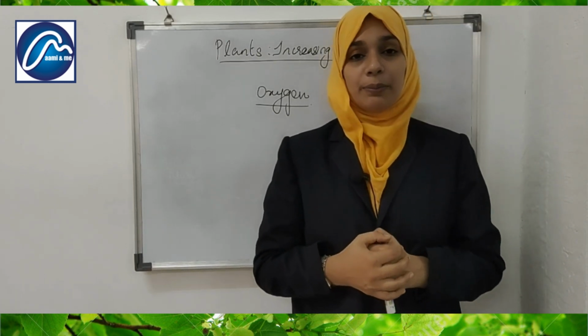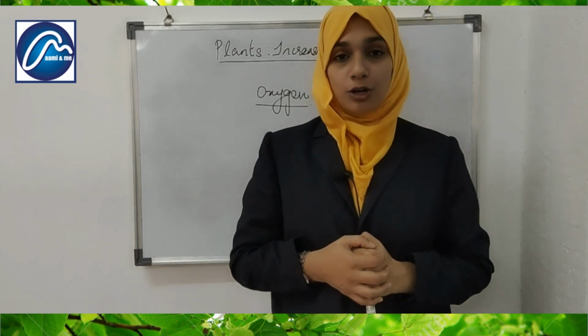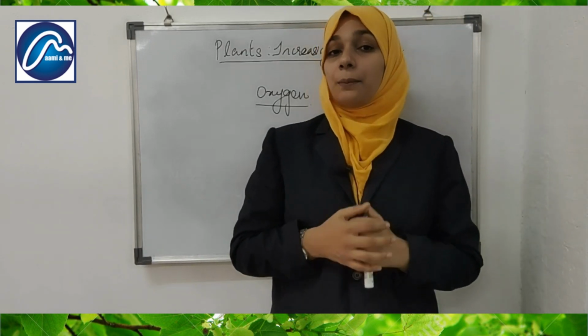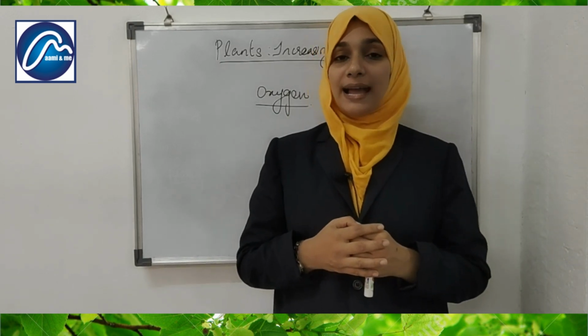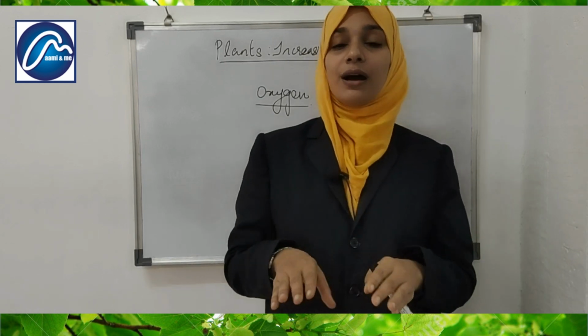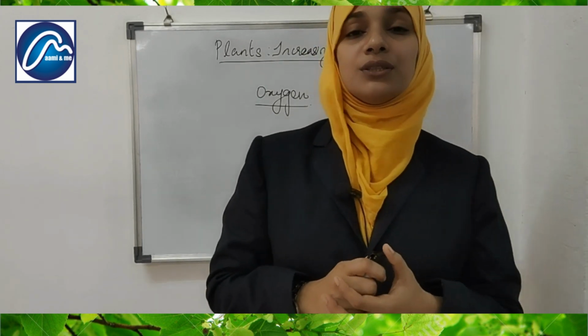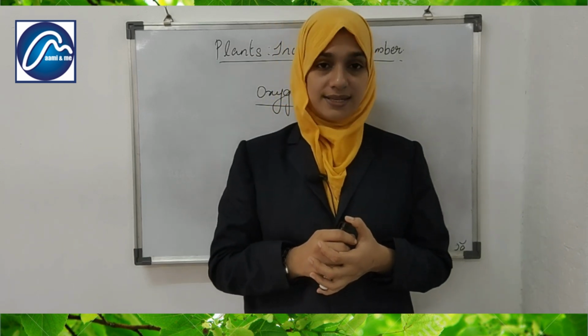Plants use carbon dioxide, water and sunlight. With the help of chlorophyll, they prepare their food. After the preparation of food, plants give out oxygen and water vapor to the atmosphere, that you have already studied in your 4th standard.